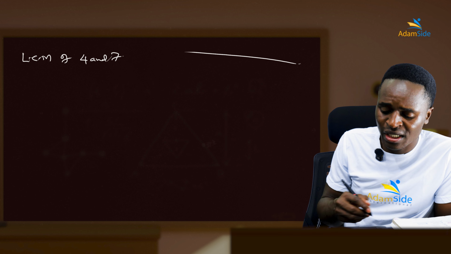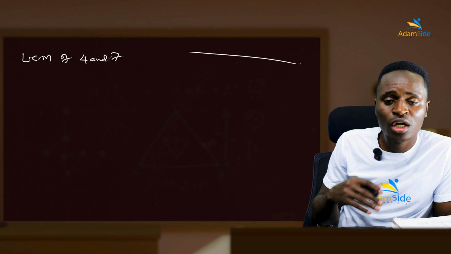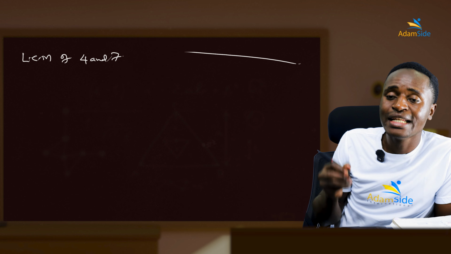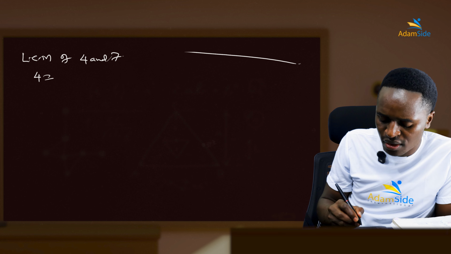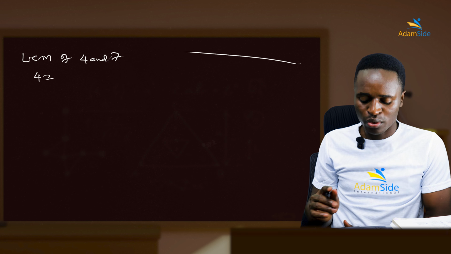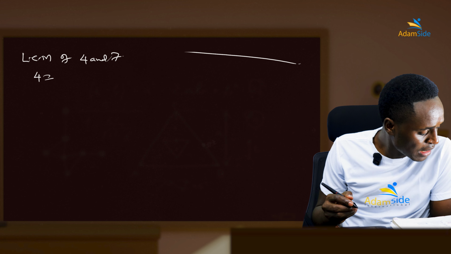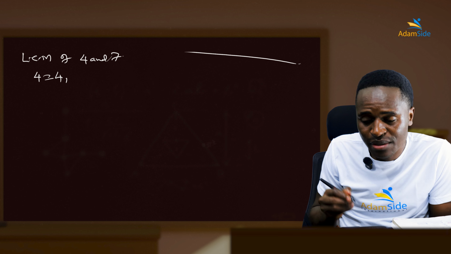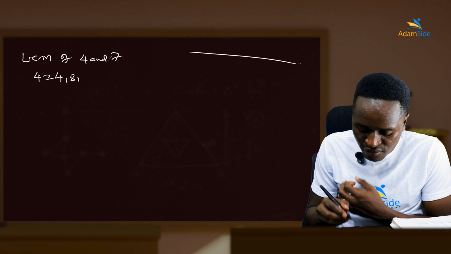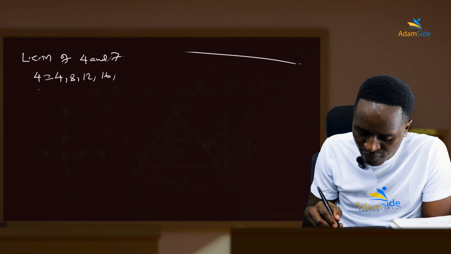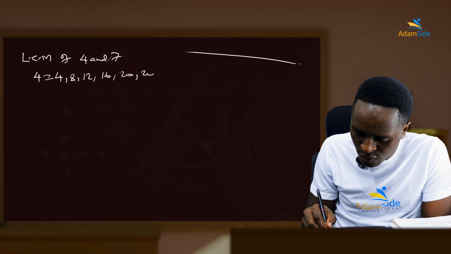We have different methods. We have the listing method, the square method. So you have your choice. I'll specifically start with the listing method. Multiples of 4: 4 times 1 is 4, 4 times 2 is 8, 4 times 3, 12, 4 times 4, 16, 4 times 5, 20, 4 times 6, 24.